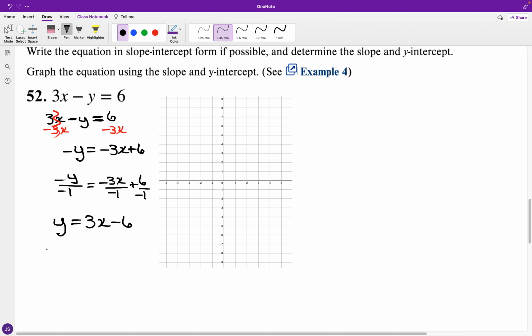And with the slope-intercept form, the x term coefficient is the slope. So the slope is equal to 3. And the negative 6 that follows is the y-intercept.